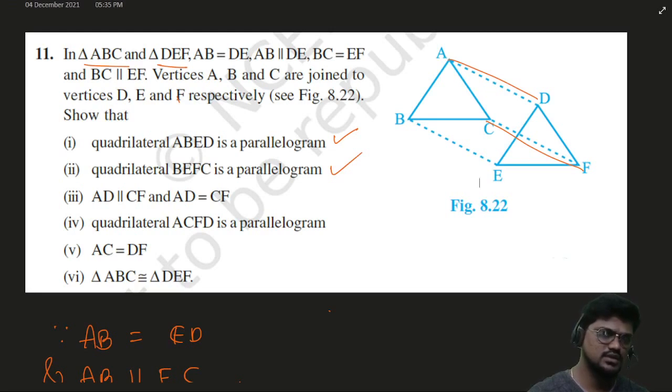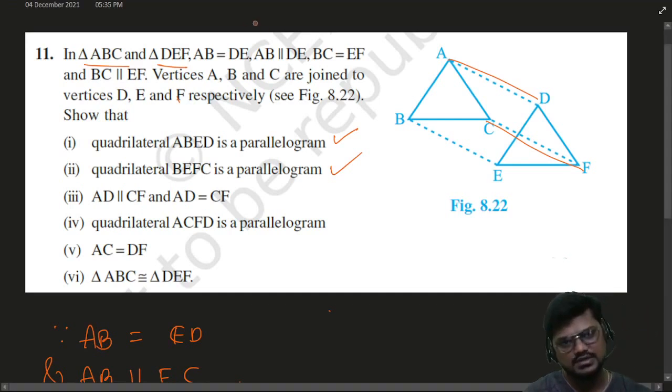Sir, in quadrilateral ABED, we can say that BE is equal to AD, opposite sides. Yeah, these two sides are equal. Fine. And in quadrilateral BCEF, BE is equal to CF, opposite sides. So we can say that AD is also equal to CF.